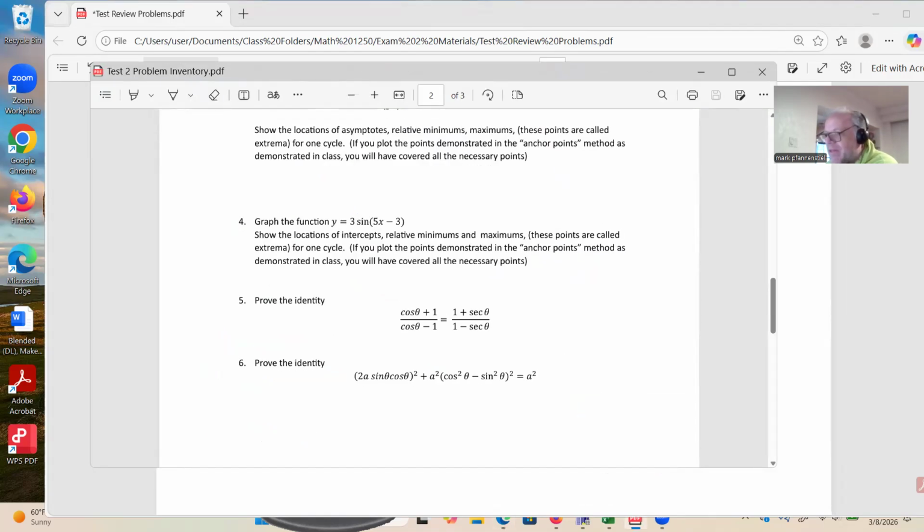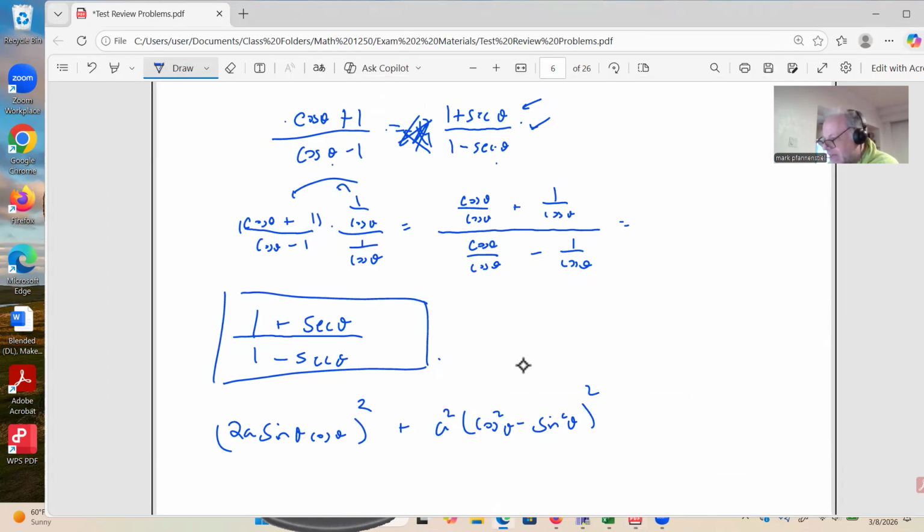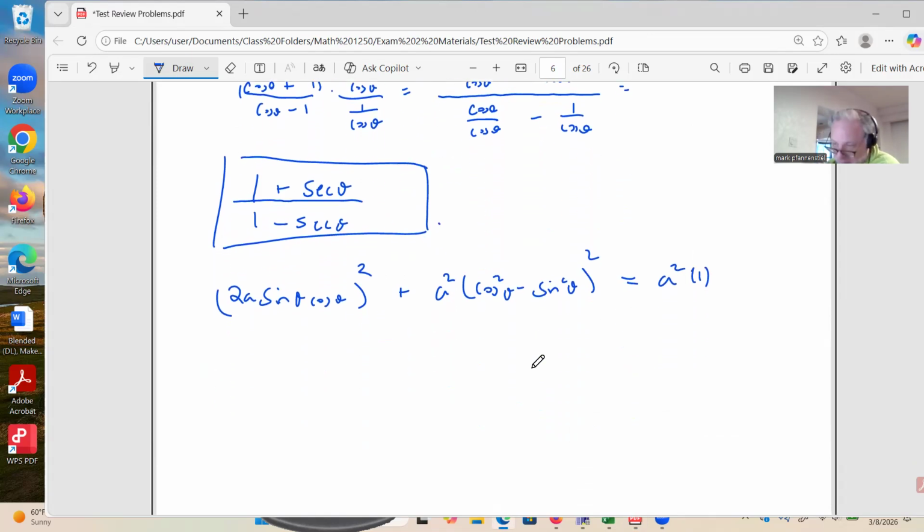We're going to say that this is equal to a squared. Clearly, we're going to start on the left, because if I start on the right, I've got a squared and nowhere else to go. I can say it's times 1, and what do we do from there? There's not a whole lot we can do with that without being creative. Again, if you knew where the problem was going, you'd say, oh, I know what to do. But there's a lot to do on the left-hand side, so let's go ahead and do that.